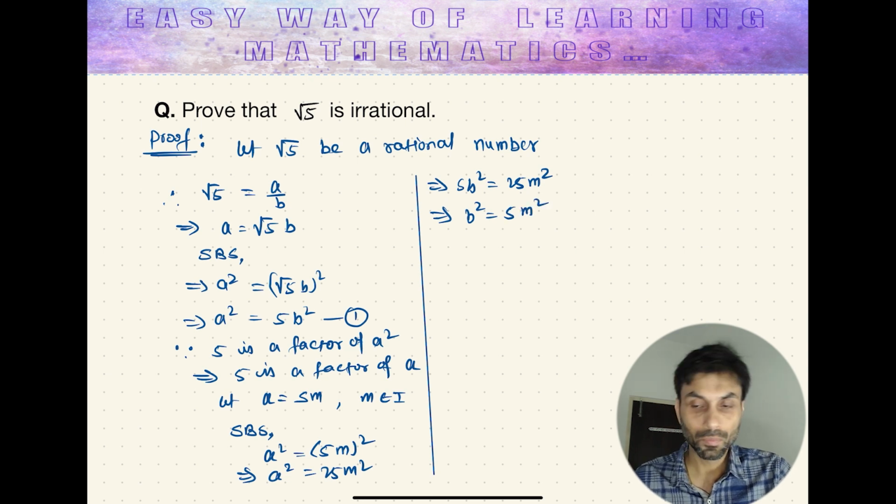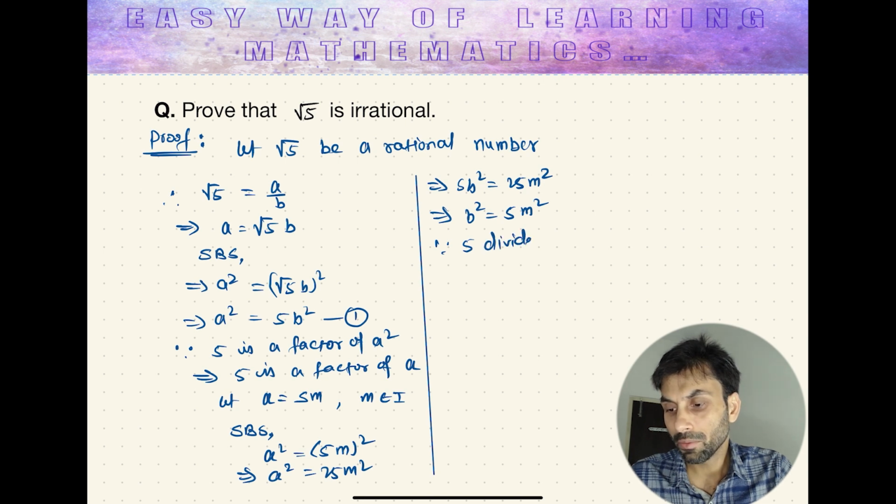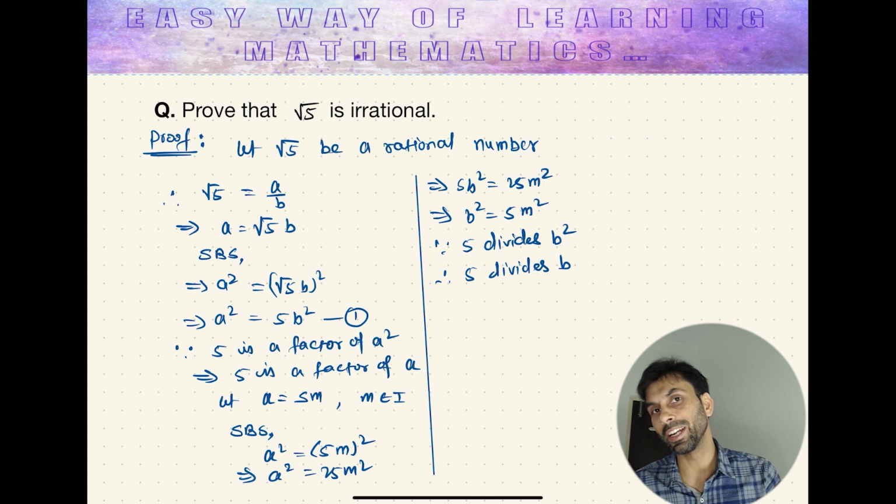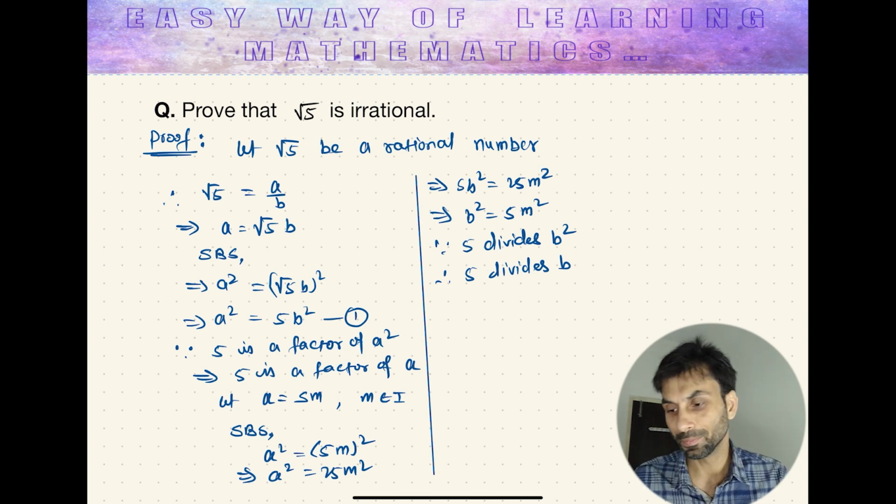Now again, we can see here that 5 is a prime factor of b square. So we'll say since 5 divides b square, therefore 5 divides b. And from this now we have reached a statement where we are contradicting our own initial assumption.